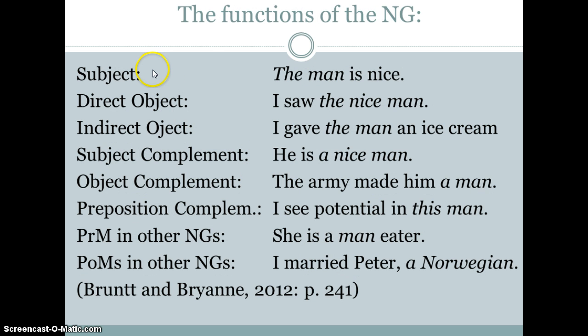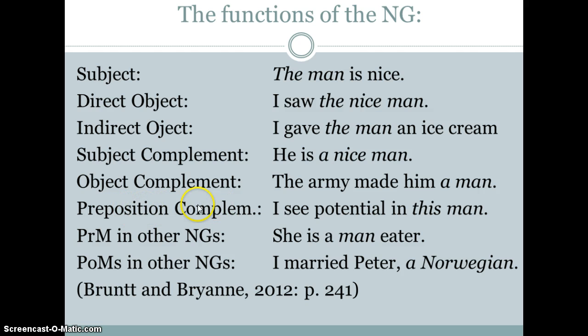Finally, I'm going to run through the functions of the noun group. A noun group can function as a subject. The man is nice. As a direct object. I saw the nice man. As an indirect object. I gave the man an ice cream. As subject complement. He is a nice man. As an object complement. The army made him a man.